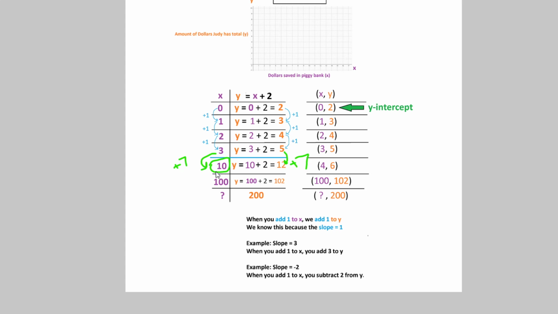Or if you get from 10 to 100, you could do the same type of thing. From 10 to 100, that'd be plus 90. Well, you add 90 here, and you get 102.